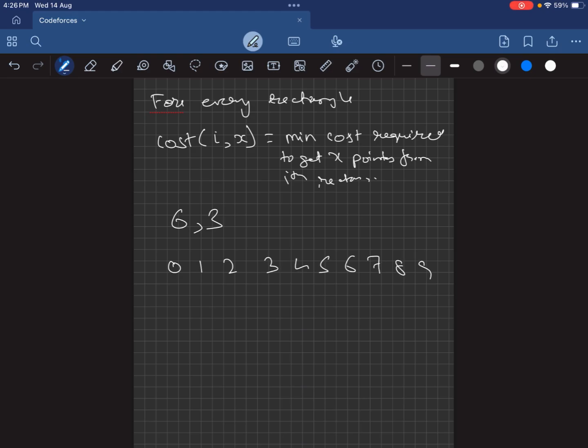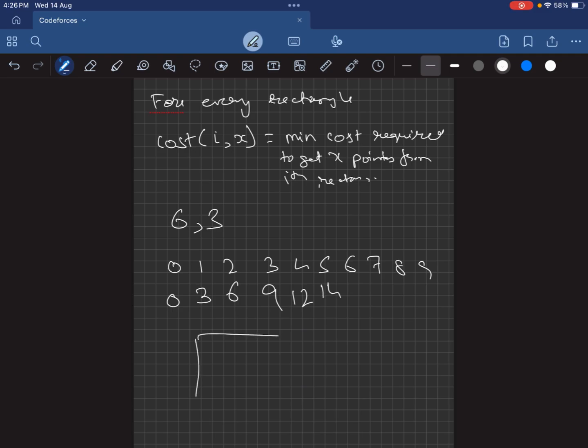Okay. So to get 0 points, we don't need to spend any budget. To get 1 point, we can color three cells. To get 2 points, we can color 6 cells. To get 3 points, we can color 9 cells. To get 4 points, we can color 12 cells. But to get 5 points, we can just color 14 cells.